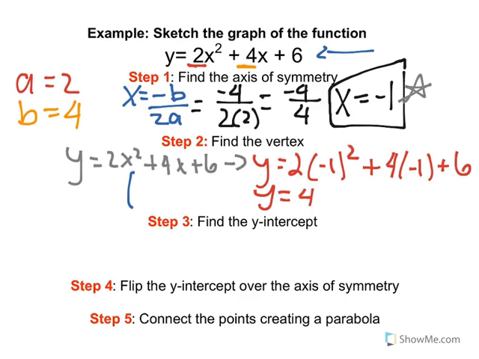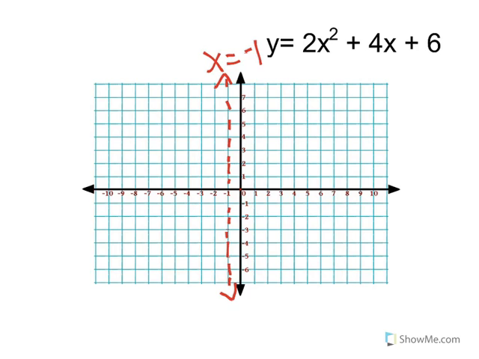That means the vertex was our x value, which was negative 1, and our y value, which was 4. So we're going to take our vertex and plot it on the graph. It was at negative 1, 4. So negative 1, and 4. And that is our vertex point.